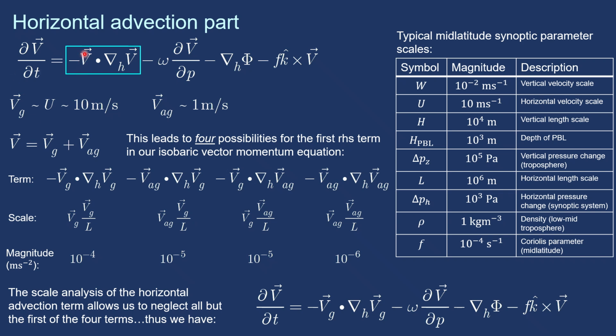Instead of writing the full horizontal wind V in the horizontal advection term, we replace it with the geostrophic component of the horizontal wind, and we throw the other 3 terms out because from a scaling standpoint, they're at least an order of magnitude smaller. As the very first part of this process, we've replaced that first term highlighted in blue by just adding the subscript G on the horizontal wind to indicate that we're only interested in the geostrophic part.